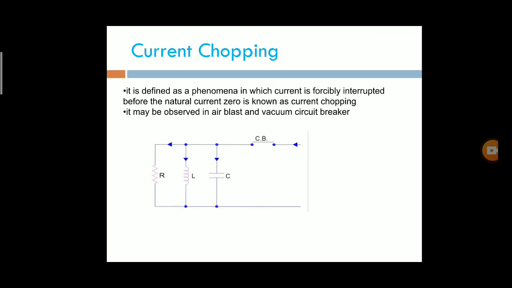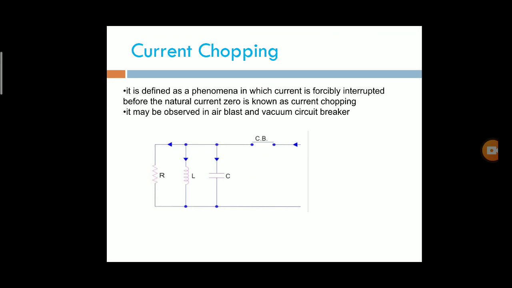Current chopping means the phenomenon of current interruption before the natural current zero is reached.